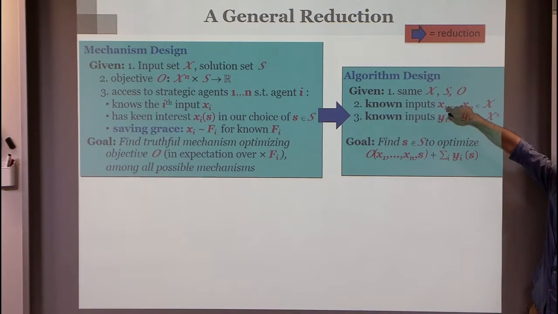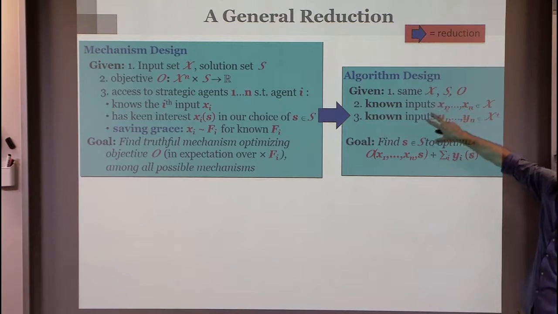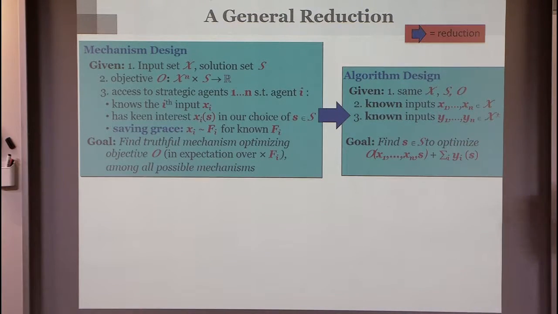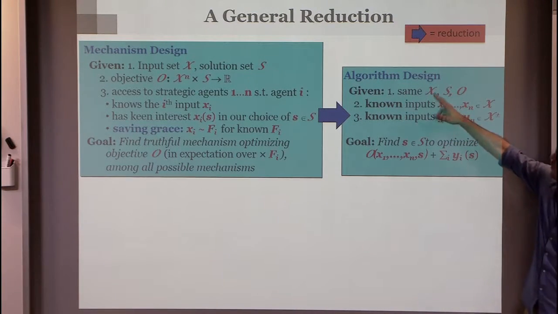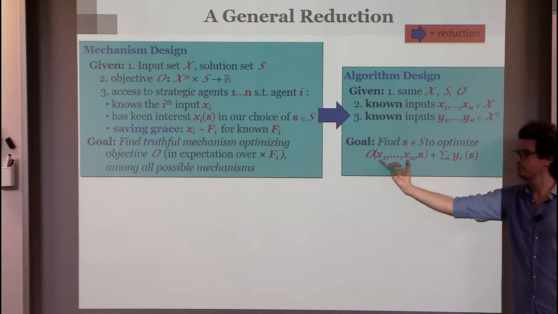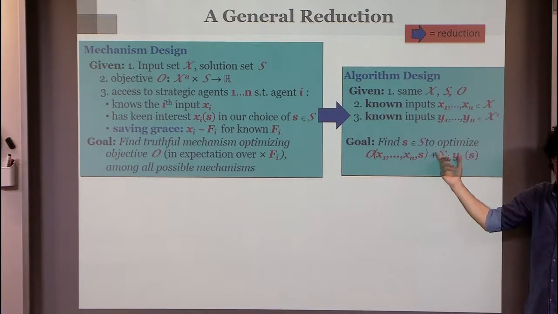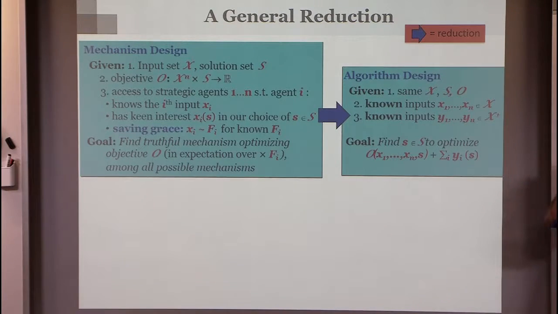Now we have two inputs: inputs xi, like over here, but also inputs yi. So this is a well-defined algorithmic problem. It takes as input two tuples of inputs, and wants to optimize the objective O plus welfare. So we change the problem on this side.